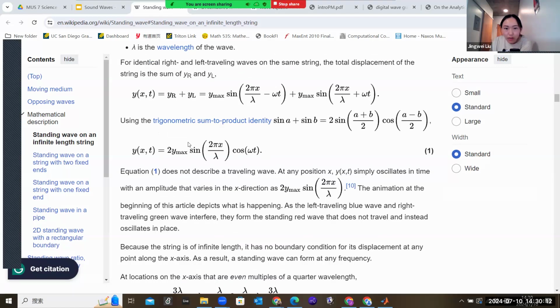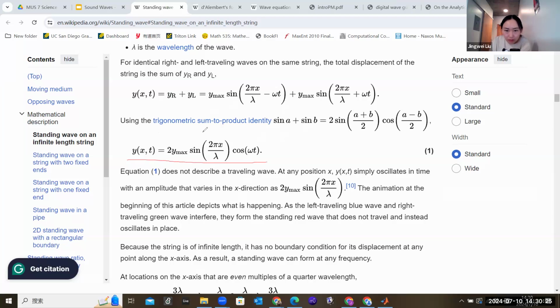And this is what you will get. So adding the right traveling wave and left traveling wave together, this is the expression you will get, and this is the formula for the standing wave.